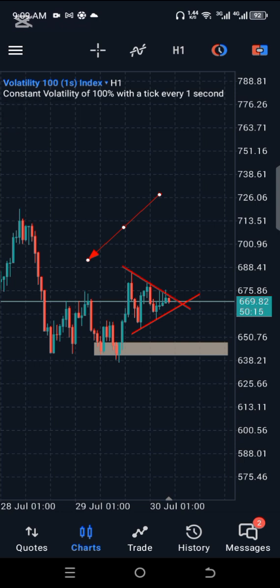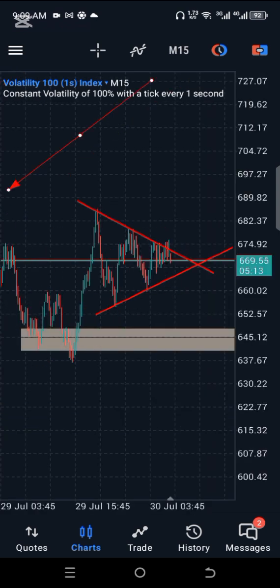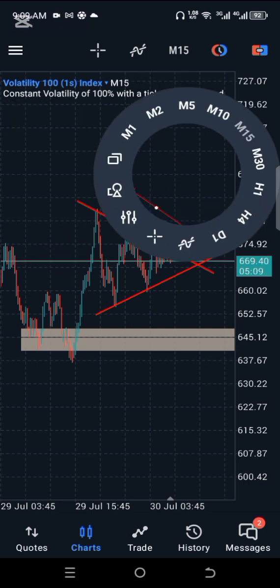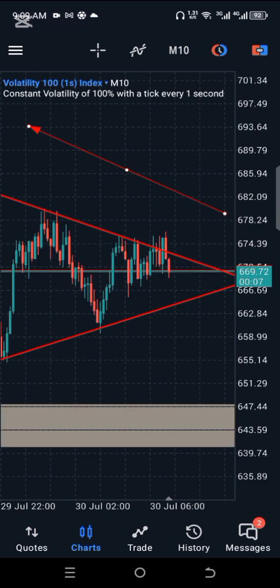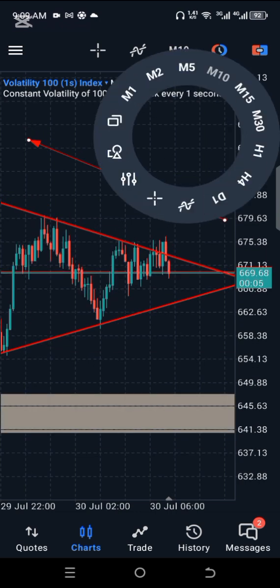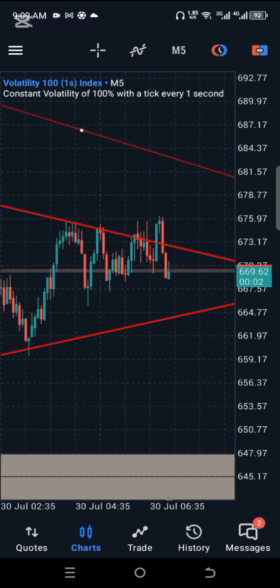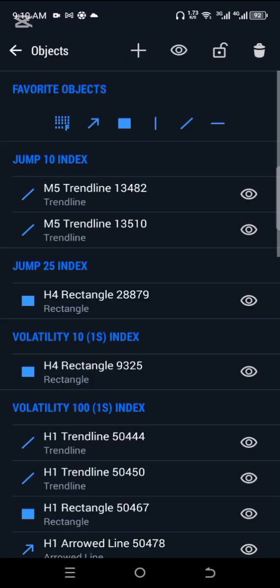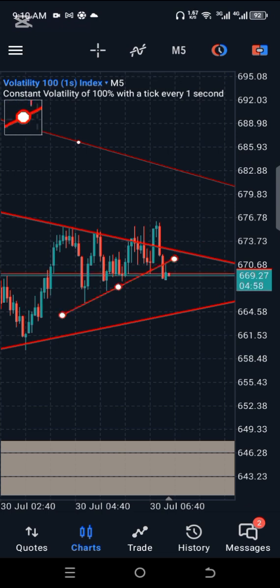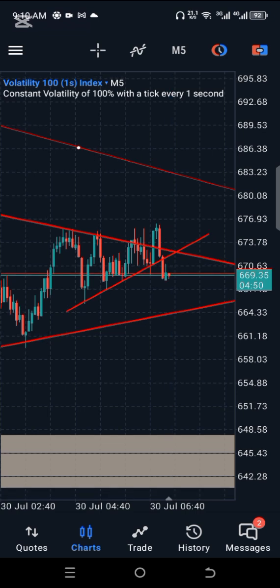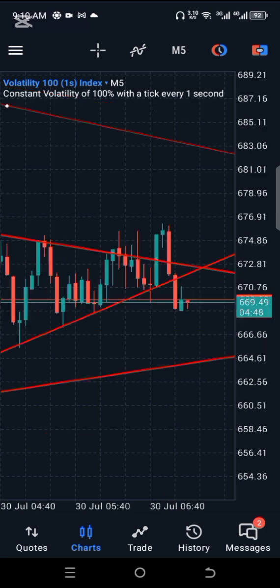What are we gonna do? Go down to the lower time frames, look for something to just tell us that this man wants to buy. What I scan here is just a trend line, although I don't think it should be coming down yet.